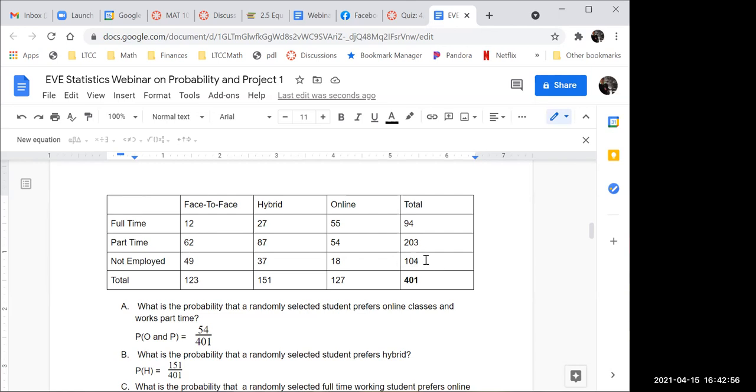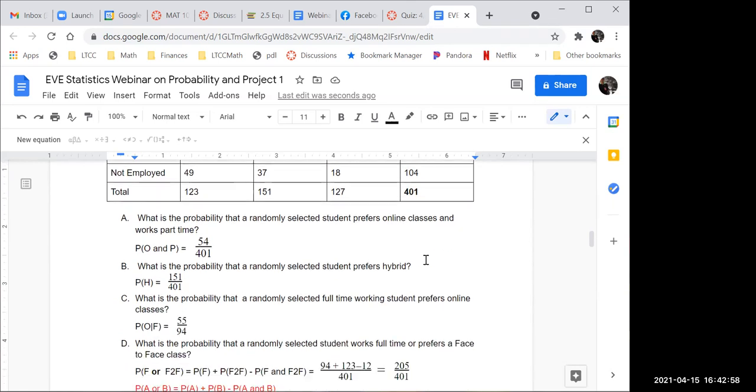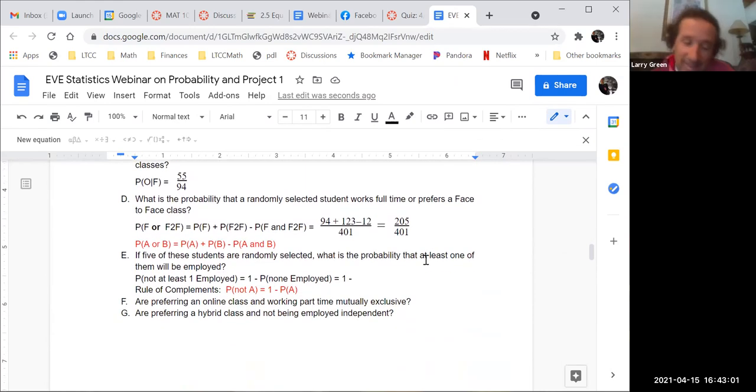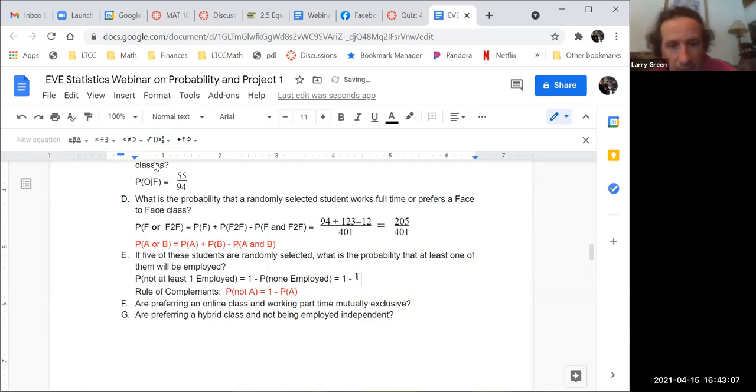Yeah, this is hard. So I can write down 104 over 401. It's kind of interesting numbers. They just switch. That's just a total coincidence, by the way. All right, that's the first one, though.